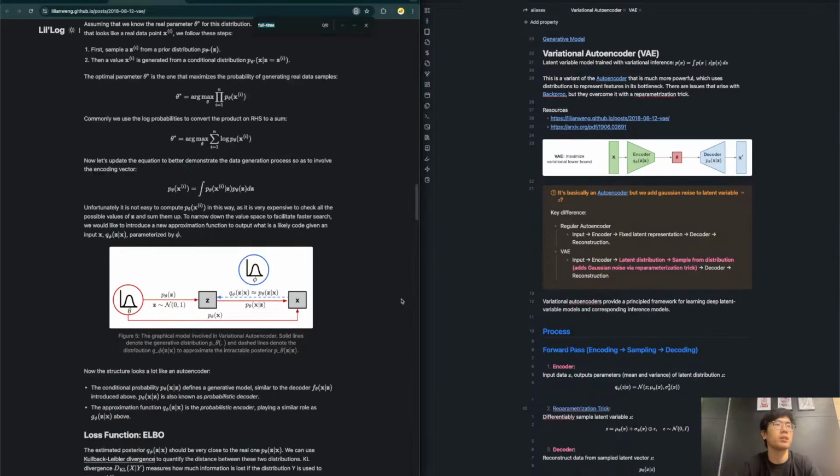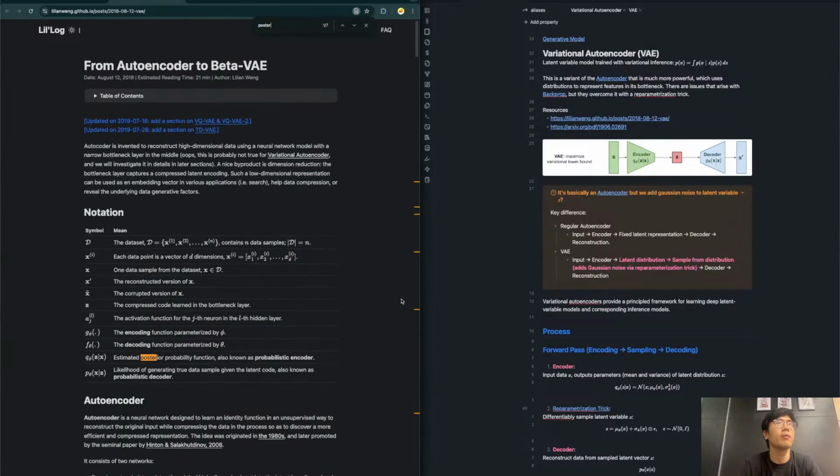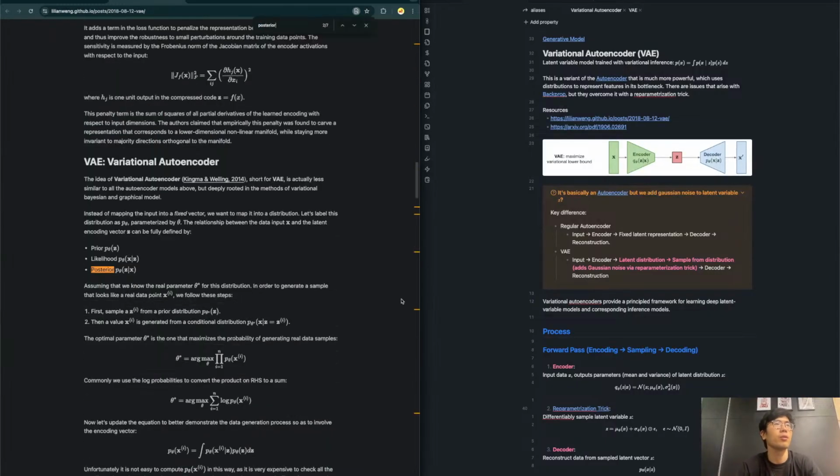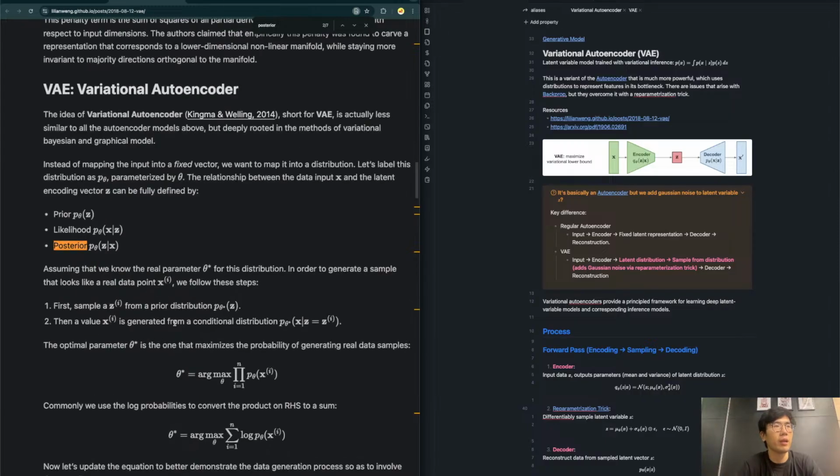and here they talk about posterior and ELBO, which I really need to review. So we sample Z from a prior distribution, and then the value X is generated conditioned on Z, right?